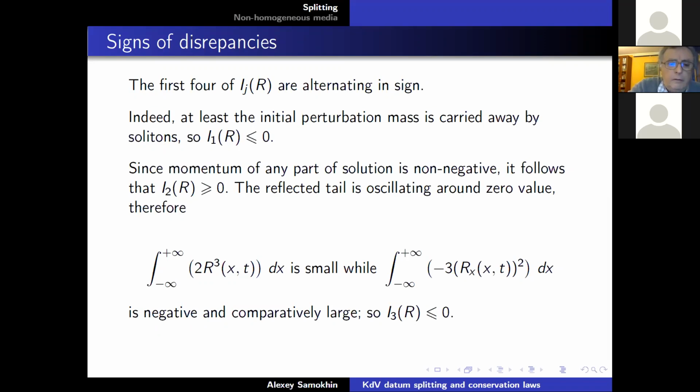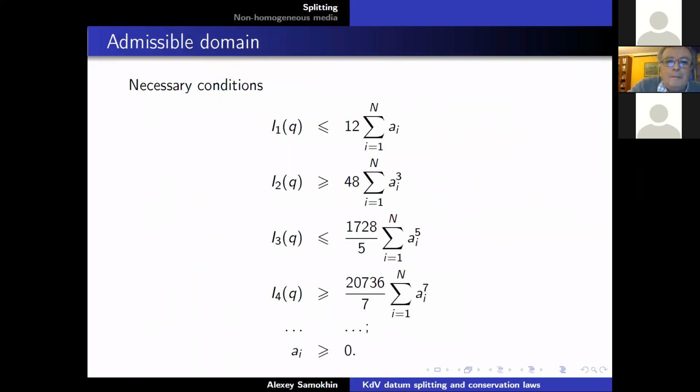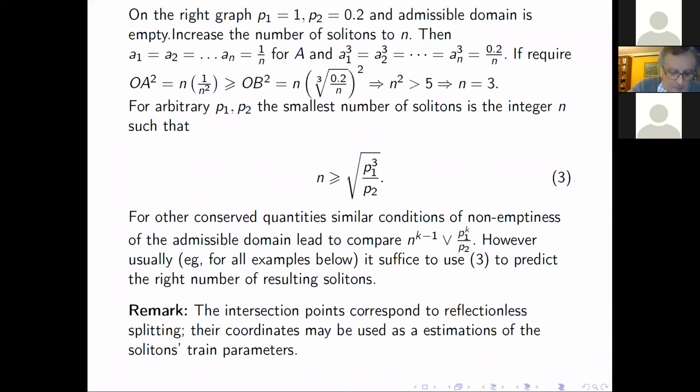Moreover, I have some ideas why it is so for the first four conservation laws. I also have a hypothesis that it is true for all quantities, but I have no proof for that so far.